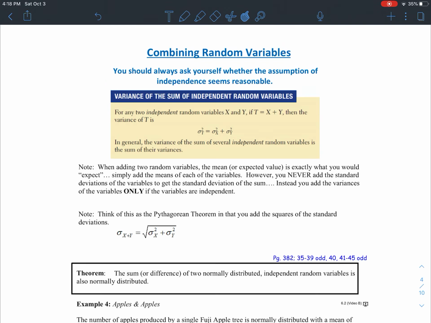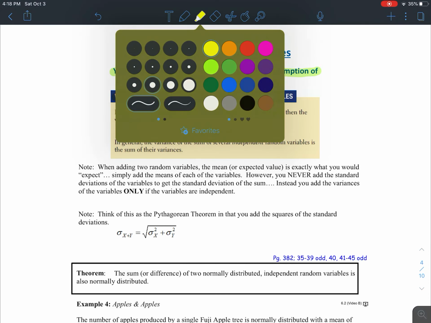Okay, and so we take a look at combining the random variables, and the key here, and this is particularly true of combining random variables and trying to combine together their measures of spread. Okay, you always need to make sure that you're asking yourself whether the assumption of independence of your two random variables seems reasonable.